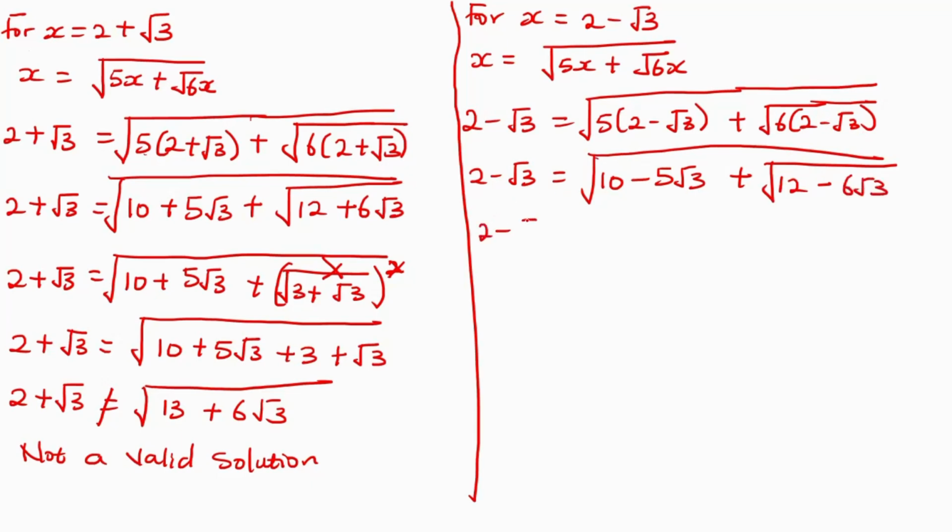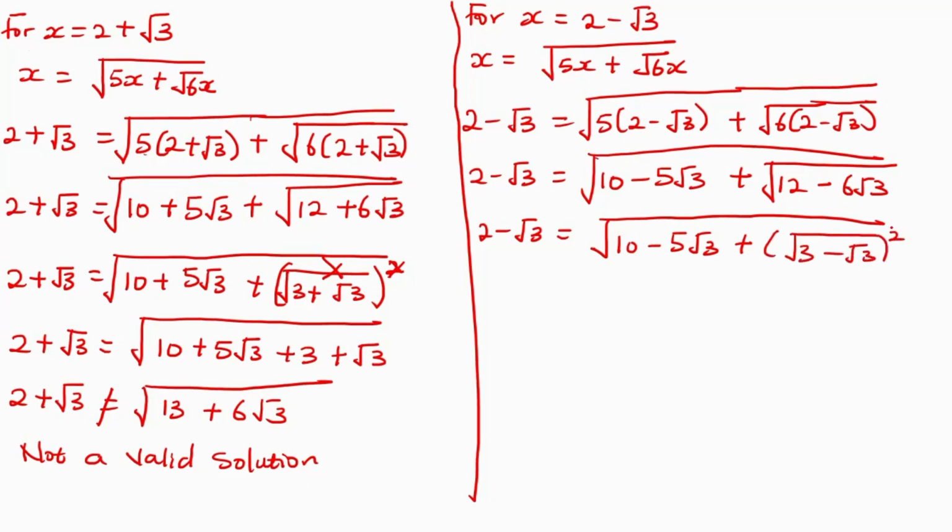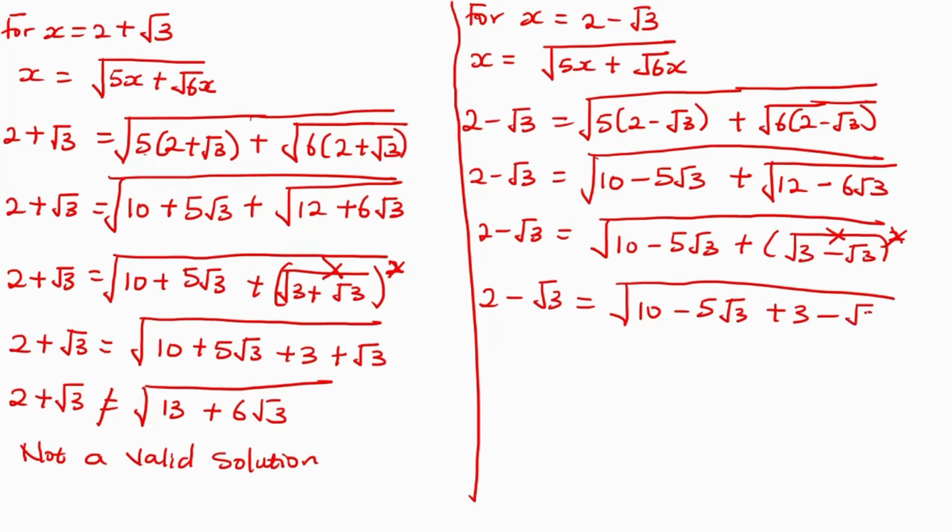So 2 minus root 3 is equal to the square root of 10 minus 5 root 3 plus. So since this is a perfect square, this is going to become the square root of 3 minus root 3 all square. So this is going to cancel out this, and we have 2 minus the root of 3 is equal to the square root of 10 minus 5 root 3 plus 3 minus root 3.